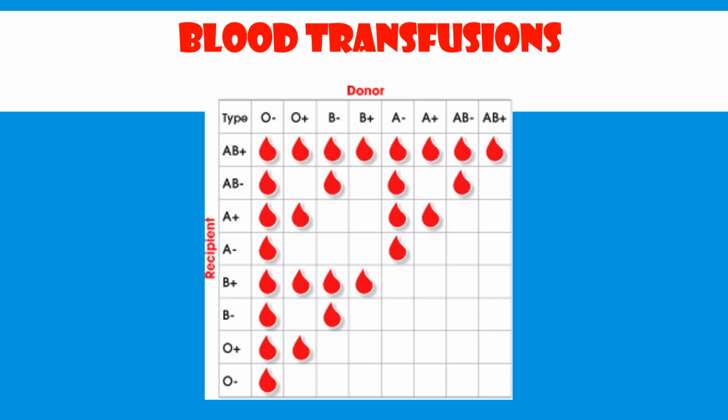Now, in terms of blood donors, you won't be expected to memorize this chart, but just be mindful that there might be a question on who's the best type of donor and why.